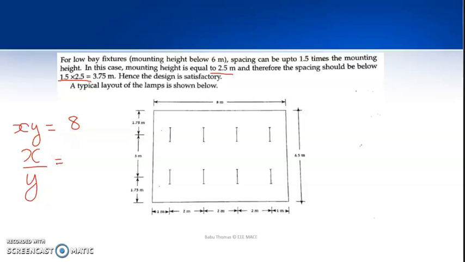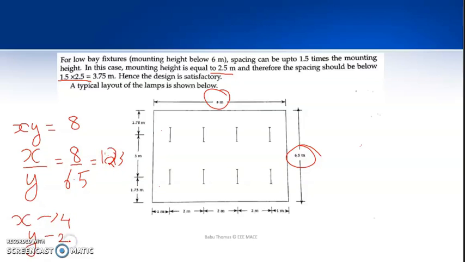So we can consider it as 8 divided by 6.5, that is equal to 1.23. You can solve for x and y, and you will be getting x as 4 and y as 2. That is, 4 by 2 is the arrangement of your lighting fixture. So 4 numbers into 2. And you can equally lay the luminaires for a uniform illumination throughout your room.